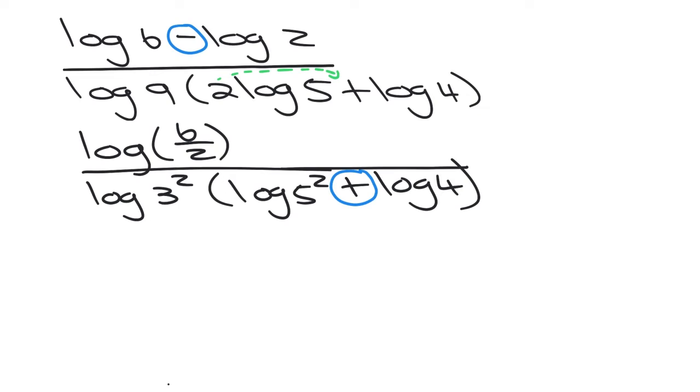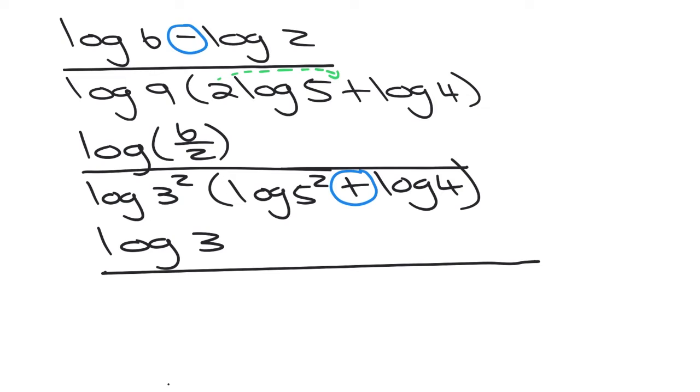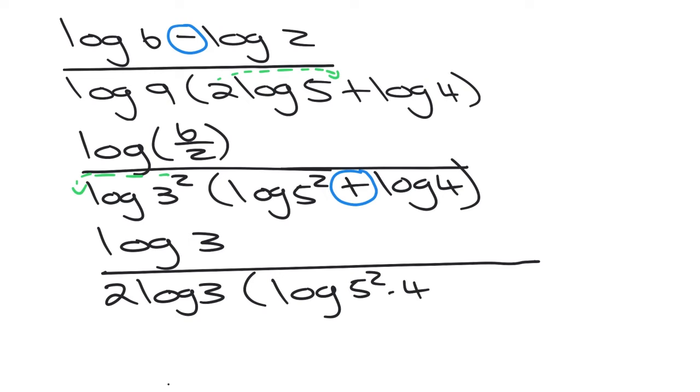So let's continue. We now have log of 6 divided by 2. Well, that just gives you log 3. And at the bottom, you would have to take the 2 to the side. So this 2 would now hop to the side here and be multiplied with the log 3. So we now have 2 log 3, and in parentheses there, we would now have log of 5 to the power of 2 multiplied by 4, since we had a plus there.